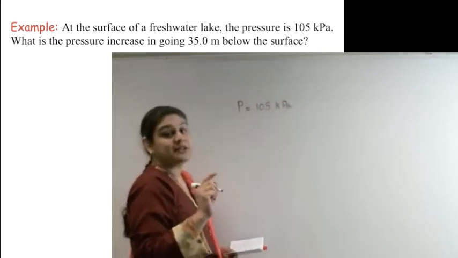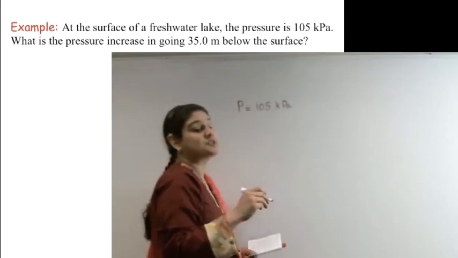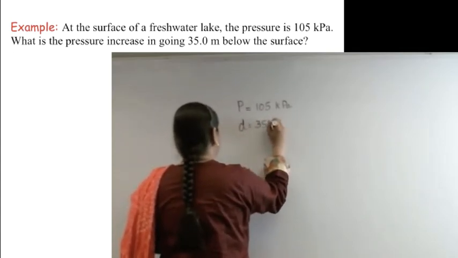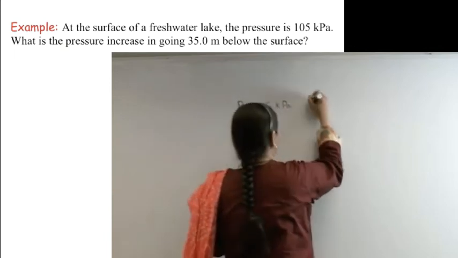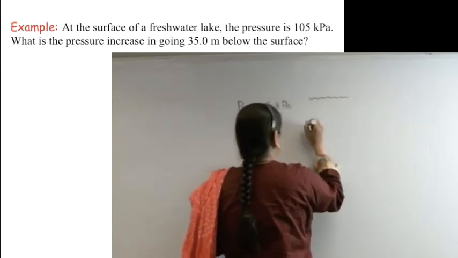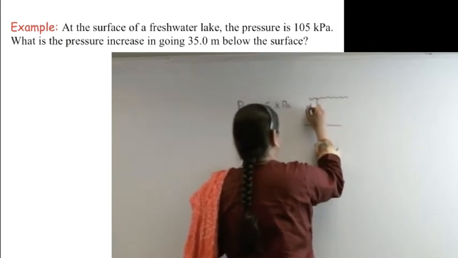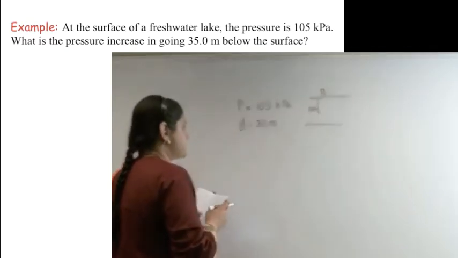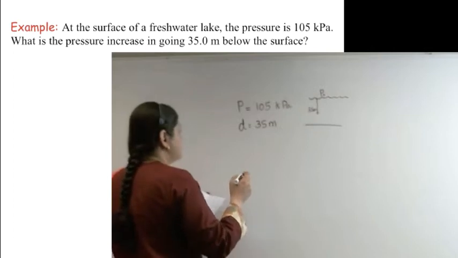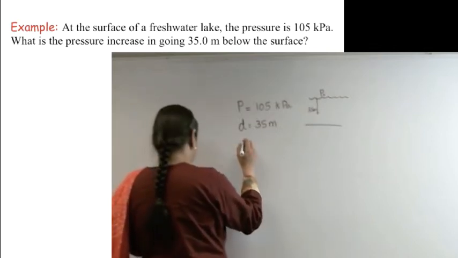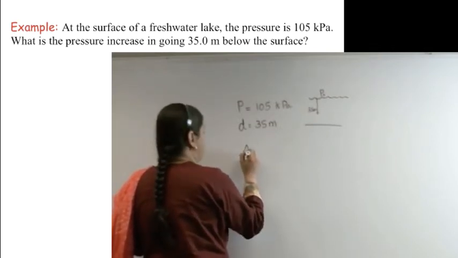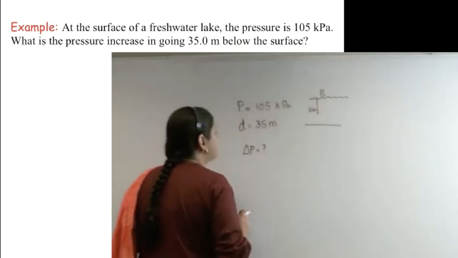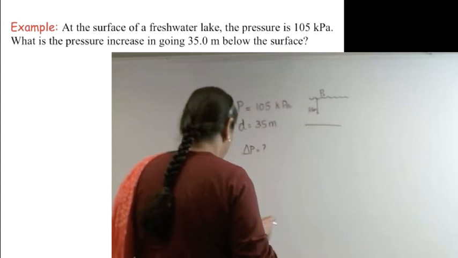The depth they're giving me is 35 meters below the surface. If this is my freshwater lake, I am going 35 meters below the surface, and this is what my P naught is. So I am looking for delta P, how much my pressure changes from this point going in towards what I want.